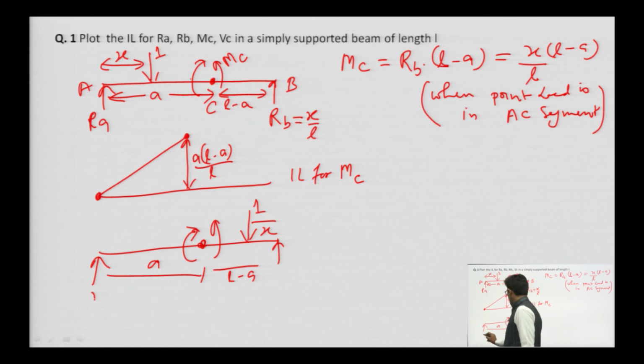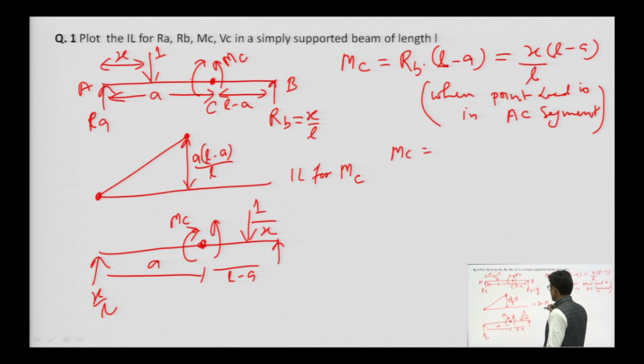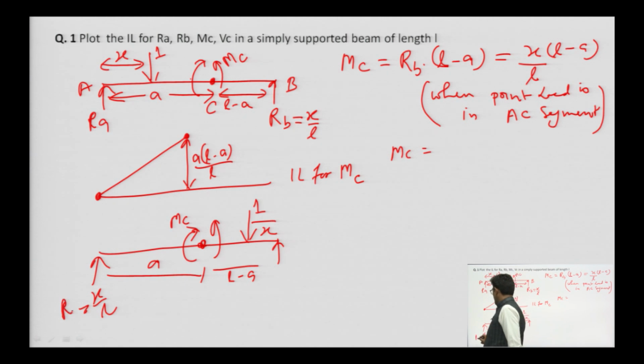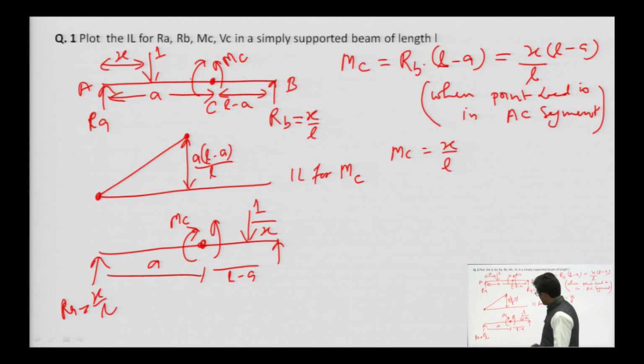Again the reaction is x by total L, and the bending moment MC will now be x by L into A, since this distance is A. So, x by L into A is for when the point load is in segment CB.